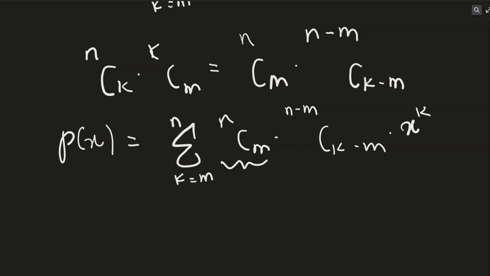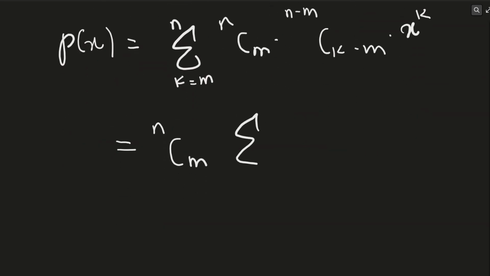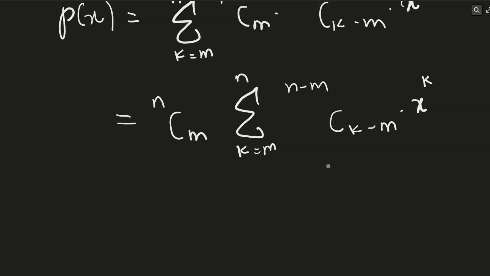Now you see that n choose m becomes a constant, so we can pull it out of the summation, and this is what we get. We are still not done with the problem. Now the problem is this whole summation, and this is still easier to solve than the previous one. We have simplified it to a great extent.